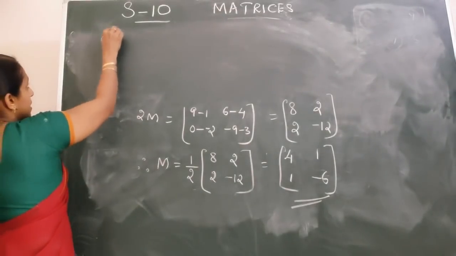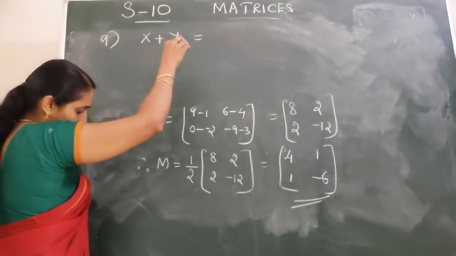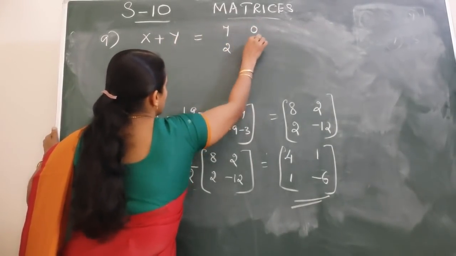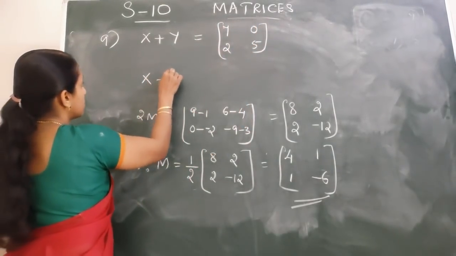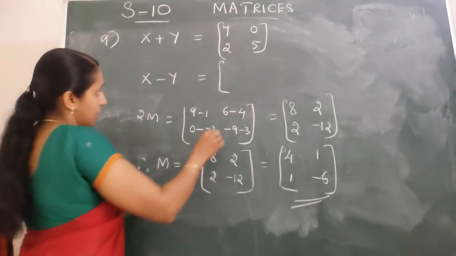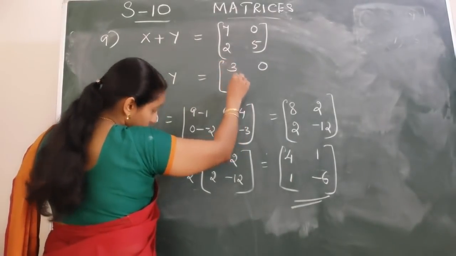It is given X plus Y equal to, what is given? [7, 0; 2, 5] and X minus Y equal to, second matrix given, [3, 0; 0, 3].